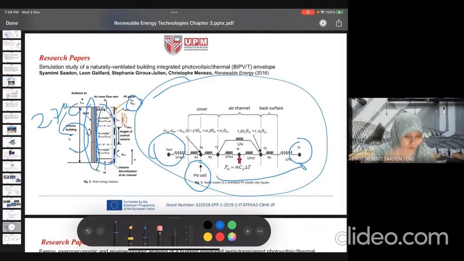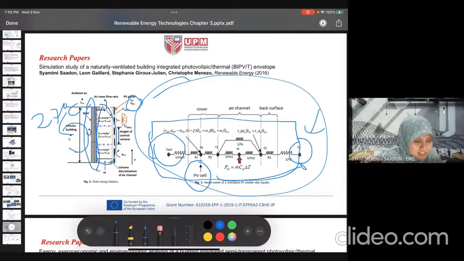So for an engineer, in order to design or to select which PV technology, if you want to use solar PV, you need to take into consideration all of these parameters, the energy balance that we have to calculate, so that we can know how much energy is actually being transferred inside the building.